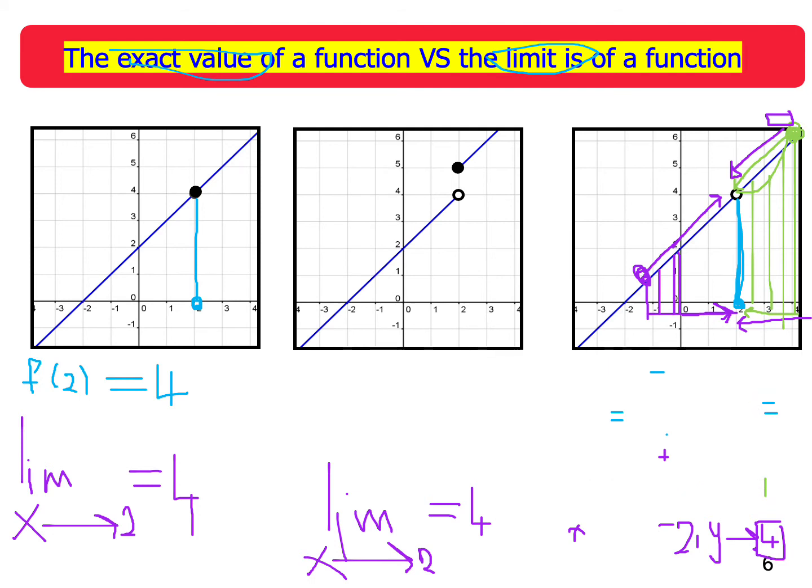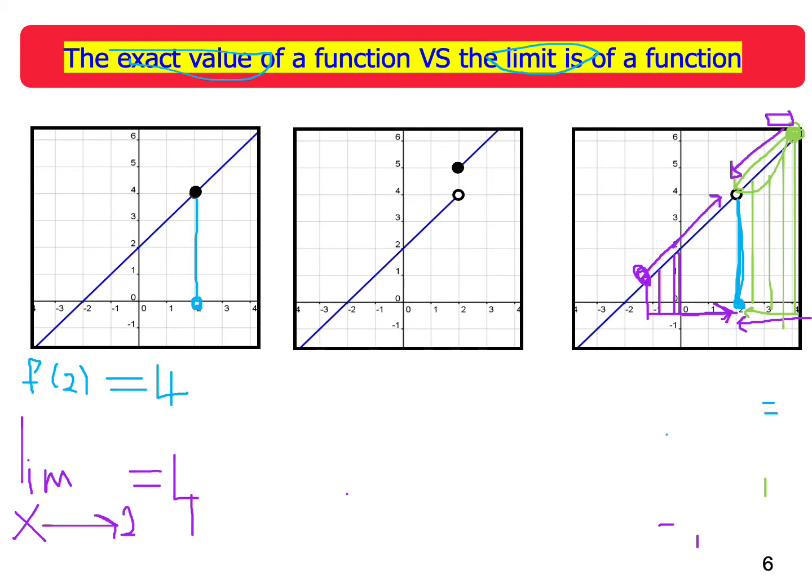Now the graph in the middle has different ideas for all parts. So I will study first the exact value, then we will study the limit. If I take this graph here, I look at the exact value. So for the exact value of 2 here, as I said, we stand on 2.